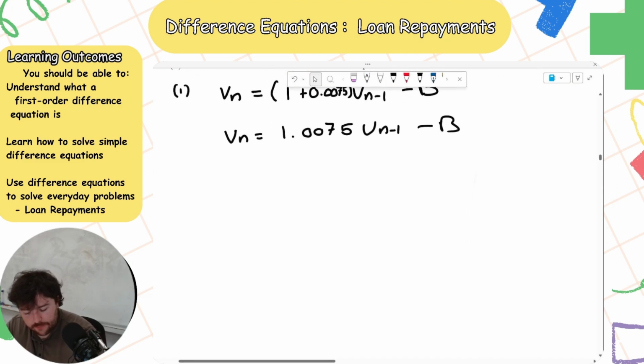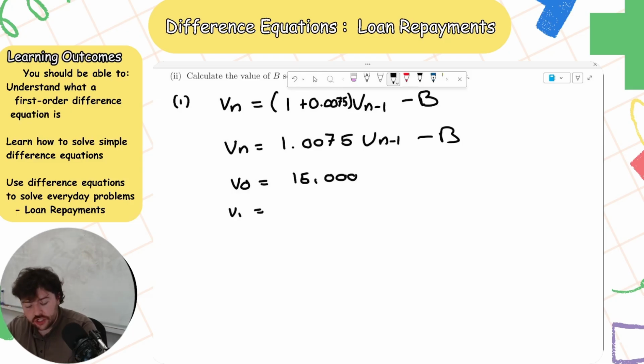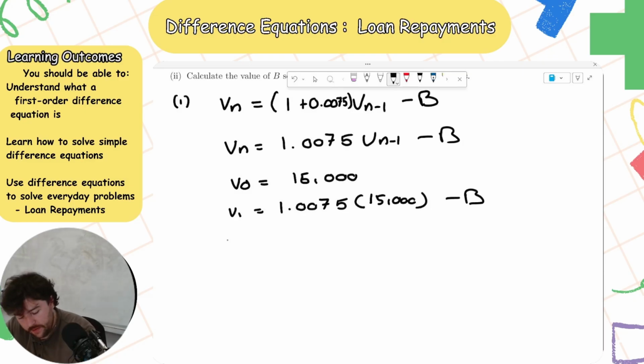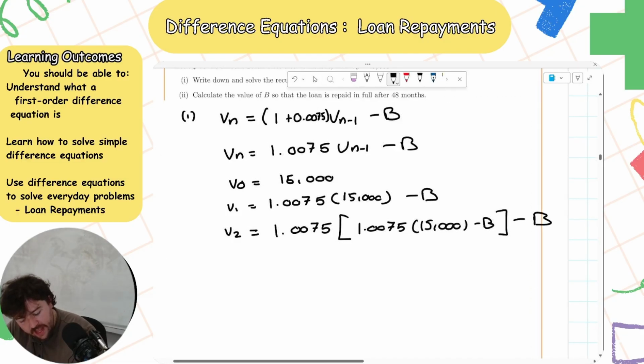So V0 is 15,000. Her next month, what's happening? She's charged interest, 1.0075 on the previous month, and then she makes a payment. So V2 is going to be 1.0075 times the previous month minus B, the repayment for month 2.